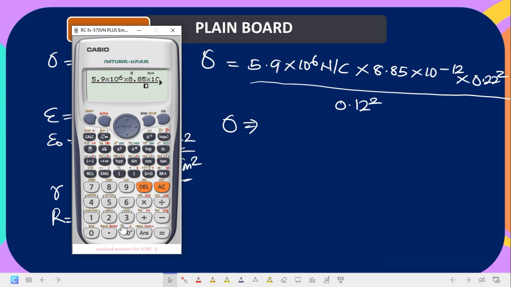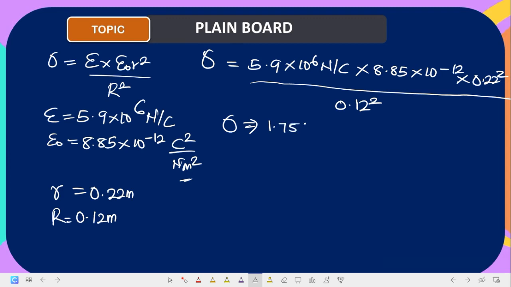Now come down, everything divided by 0.12 squared, and that will give us the final answer: 1.755 times 10 raised to the power of minus 4. And that is the solution to that question.